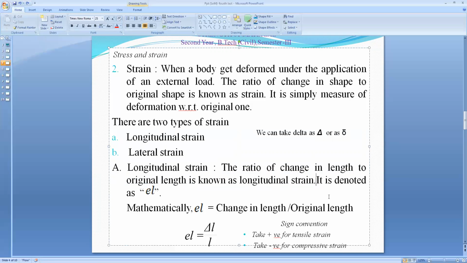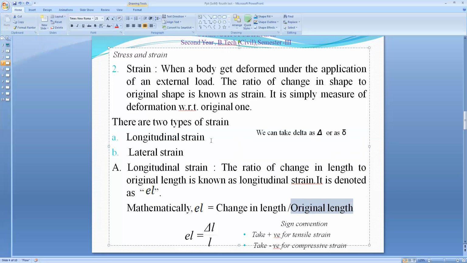And it is denoted as small e, small l, e_l. So e_l is the notation used for the longitudinal strain. Mathematically, e_l is equal to change in length divided by the original length. We can get the change in length in terms of meter or centimeter. Also, the original length is in terms of meter or centimeter.